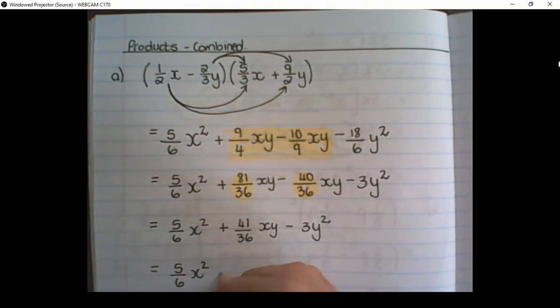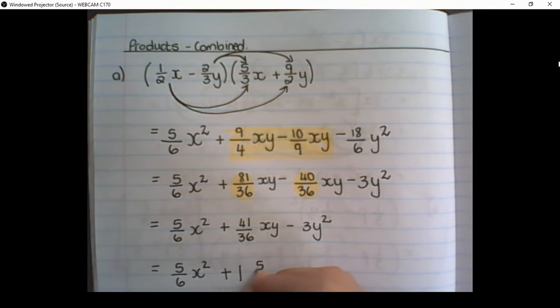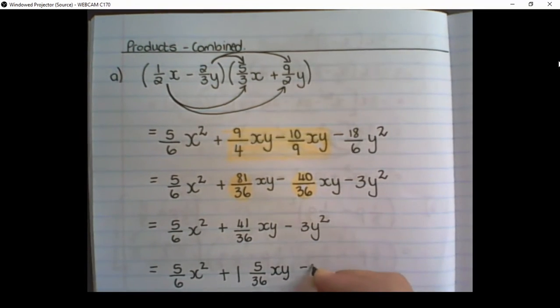So 36 can go into 41 once. And then there's a difference between 36 and 41 of 5. So that's the remainder. And we simply bring the y squared down.